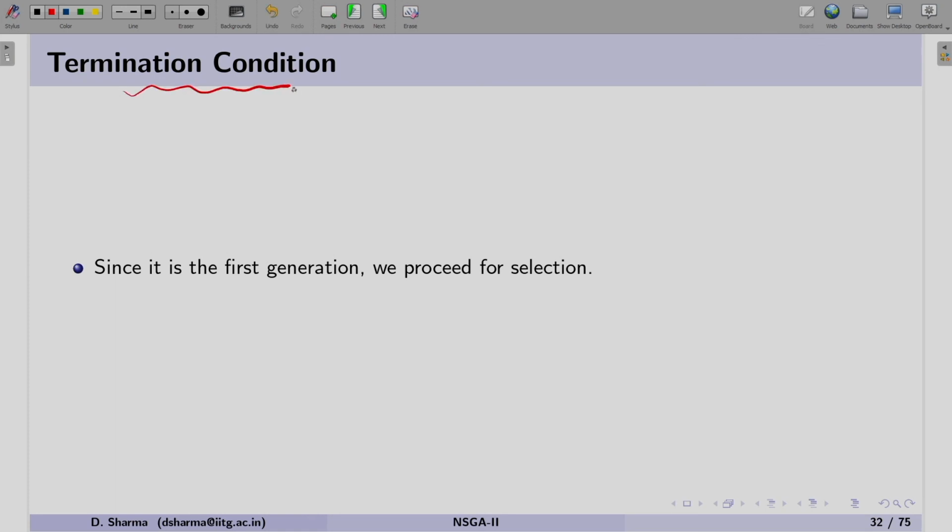After evaluating and assigning the fitness to each and every solution, we are at the decision box. In this decision box, we look at the termination condition. Since it is the first generation, we proceed to the selection. So, as part 1 of this particular session, we have discussed how we can calculate the rank of each solution, which is done using non-dominated sorting, and as a part of diversity we calculated the crowding distance.